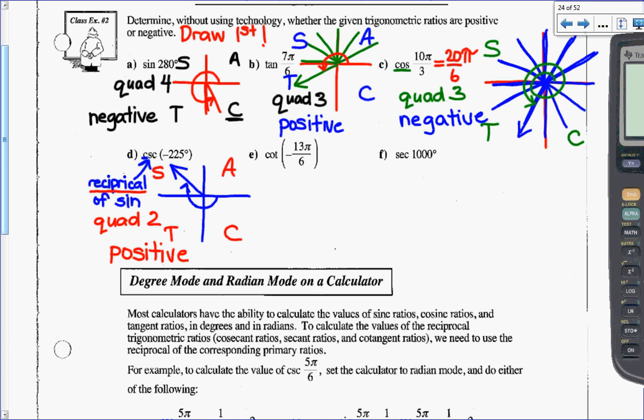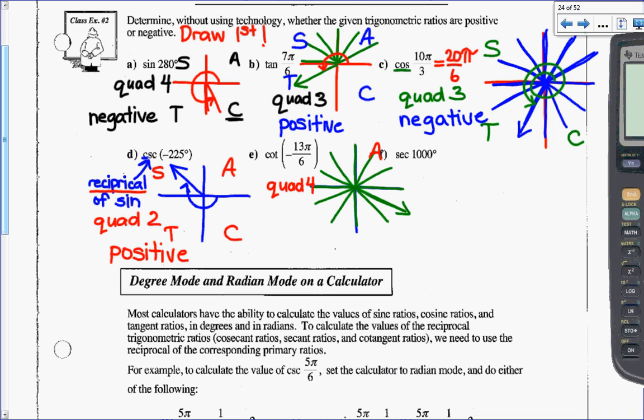Okay, cotangent of negative 13 pi over 6. Okay, well, I can do pi over 6's, and if it's negative, I just do them the other direction. So I'm going 1, 2, 3, 4, 5, 6, 7, 8, 9, 10, 11, 12, 13. I'm ending right there. Okay, I'm ending in quadrant 4.